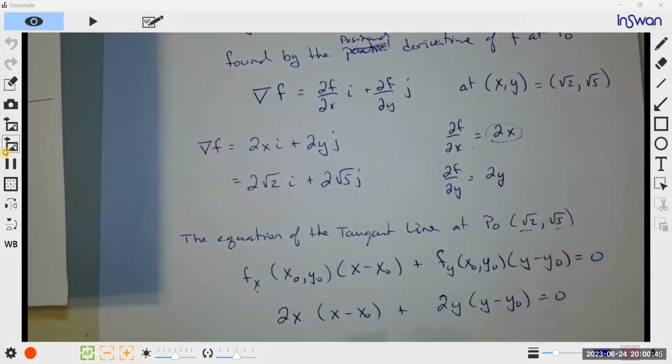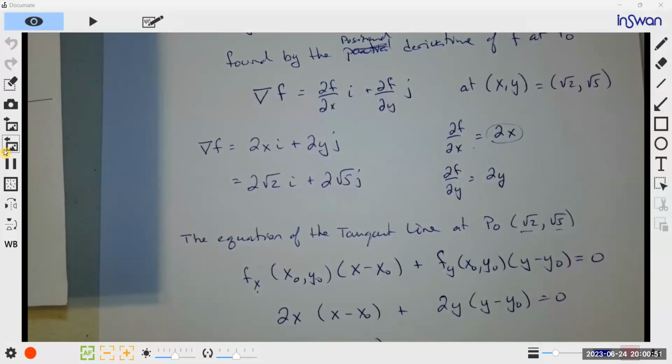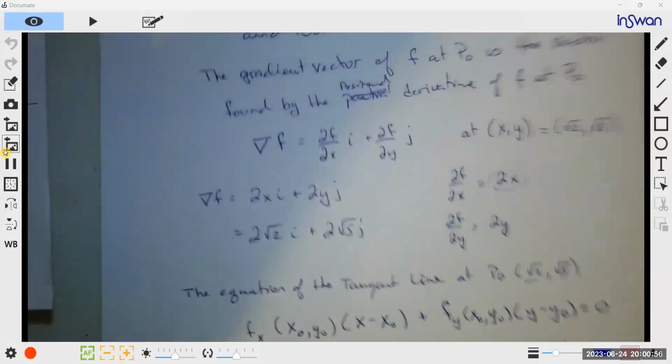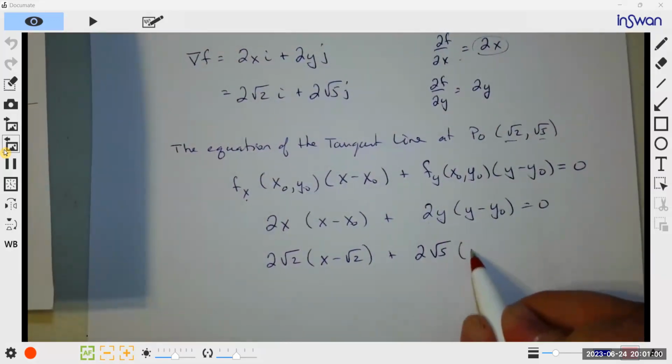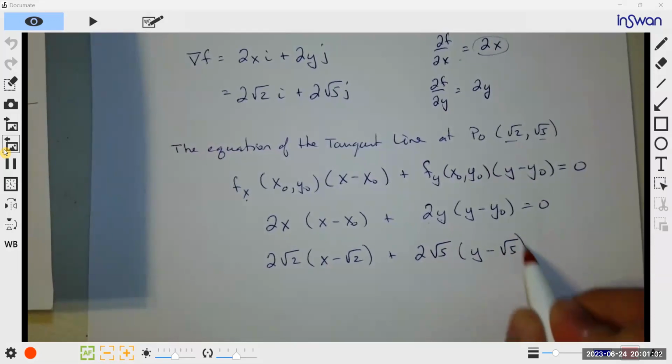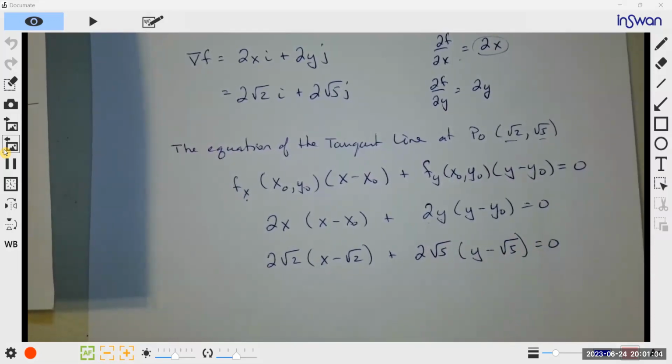X is this, y is that, so we have 2 radical 2, x minus radical 2, y is radical 5. Oops, because I can see that. Y is radical 5, so it's y minus radical 5 equals 0.